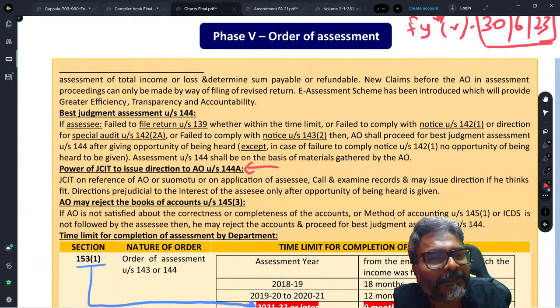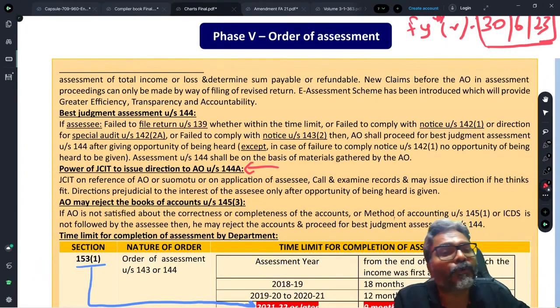And last but not the least, the JCIT can act suo moto. Suo moto means from himself. He can give this direction to the AO on his own. And that exactly is the point.